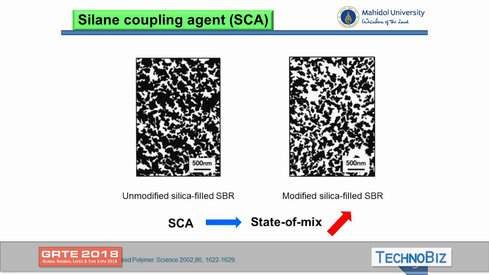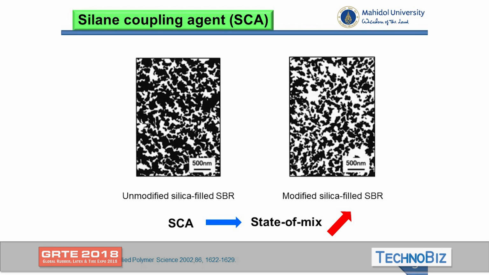However, as a result of the high hydrophilicity of the silica particles, the use of silica usually leads to poor dispersion of the filler in the rubber compound. Therefore, chemicals called silane coupling agents are usually utilized in the compounding process.